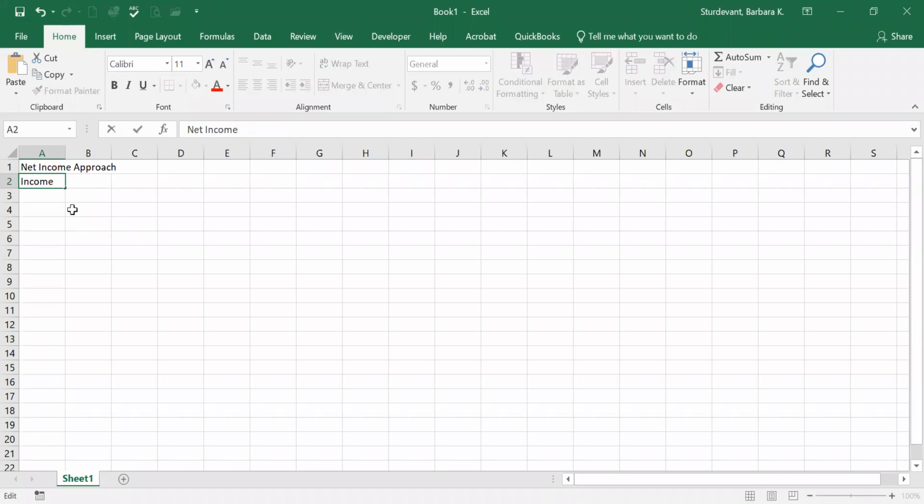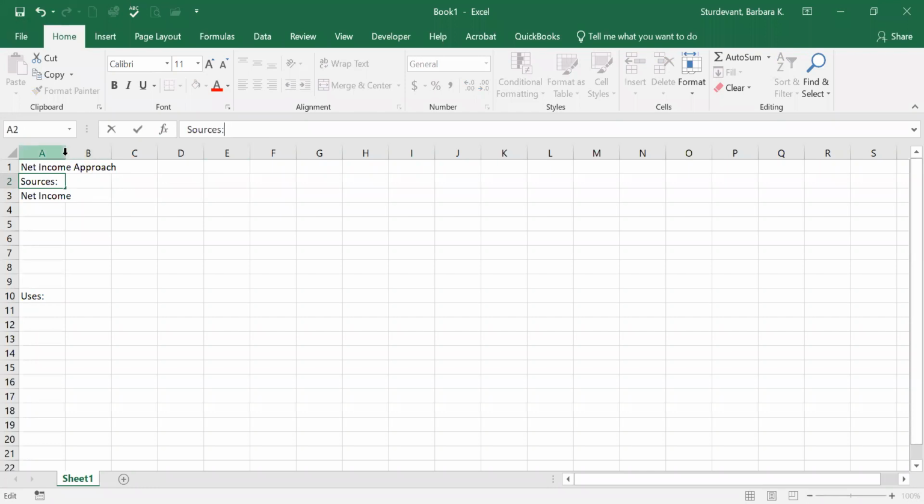Actually, let me do this first. We break this down into sources and then into uses. So this is the basic setup.